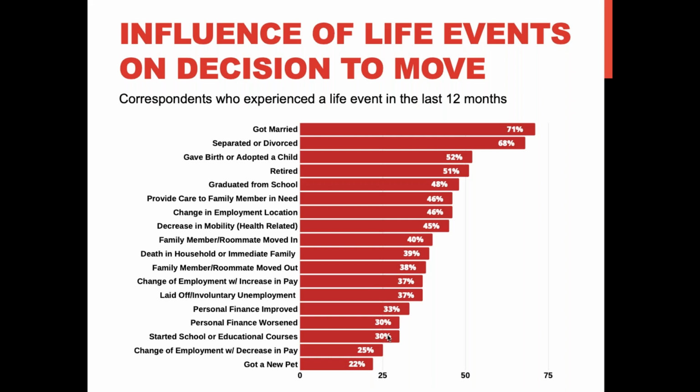It was from another social media event, and basically what it shows is the influence of life events on decisions to move. These respondents experienced a life event in the last 12 months, and here are the life events that kind of push them closer to that moving point. Getting married was the number one, and separated or divorced is number two.